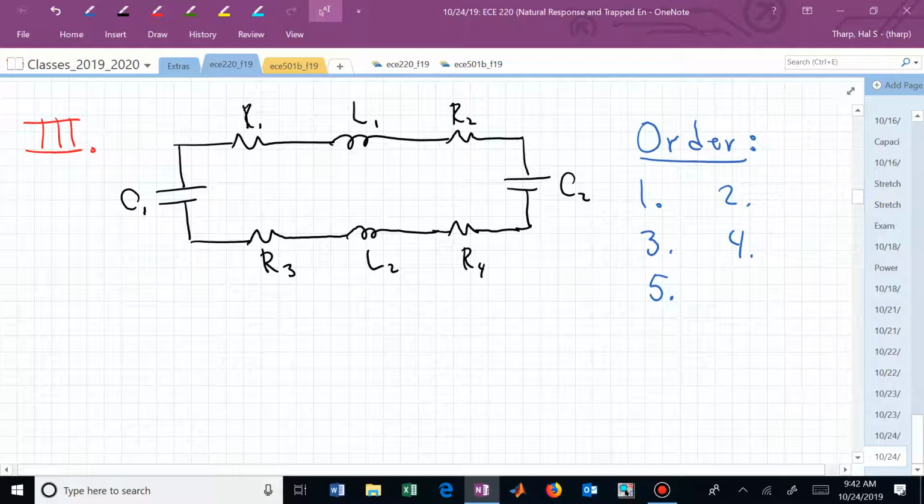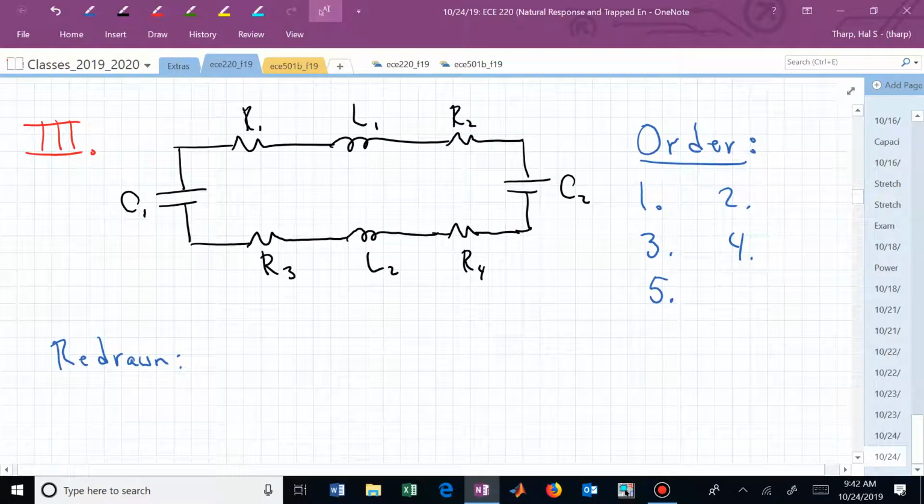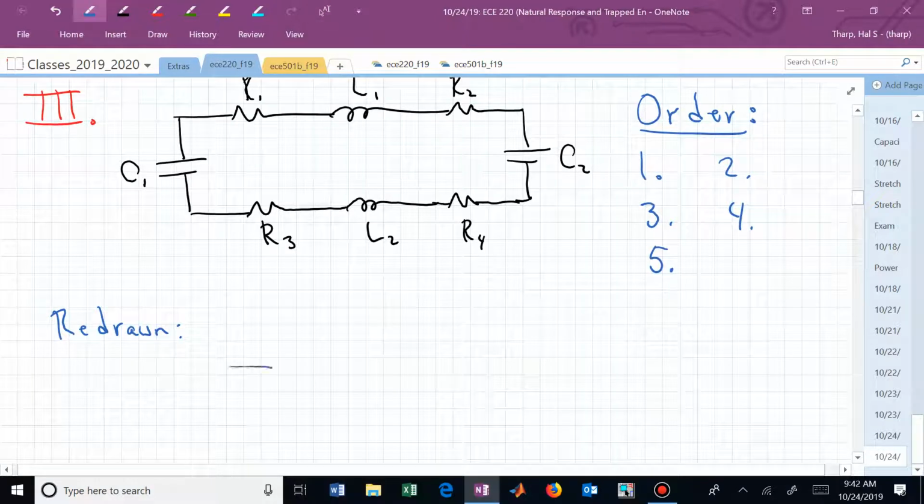If we redraw this circuit, I can move these around. If I want to model what this circuit is doing, I could just put all of those resistors together.